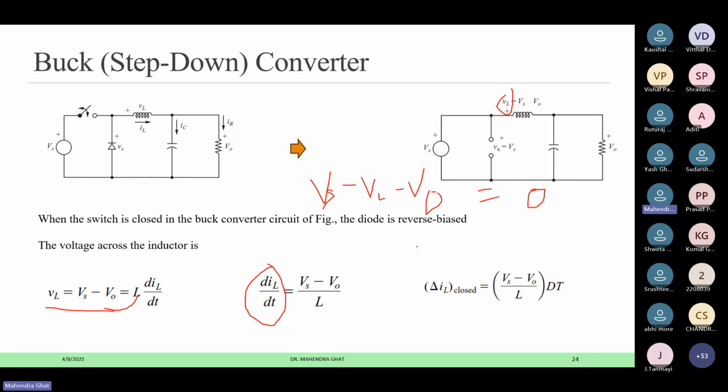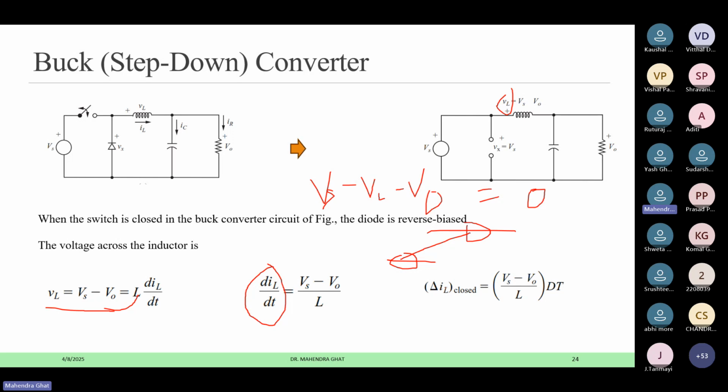And this dIL by dt means what? When the switch is closed, the current is going from this minimum value to the maximum value, I mean to I max, which we have called delta IL.